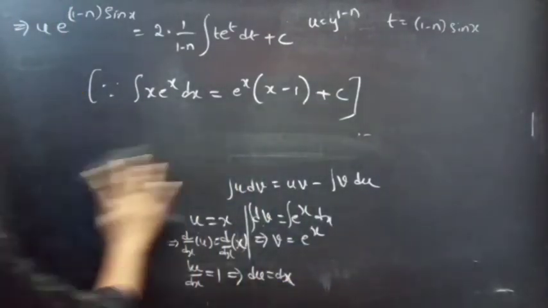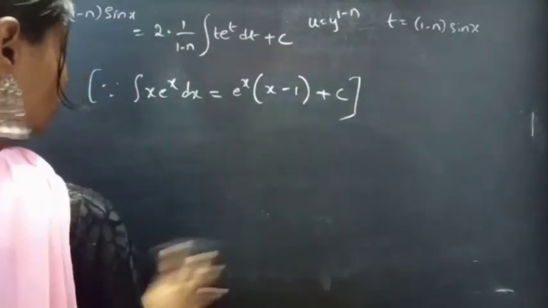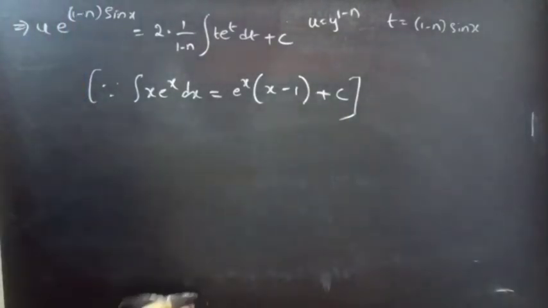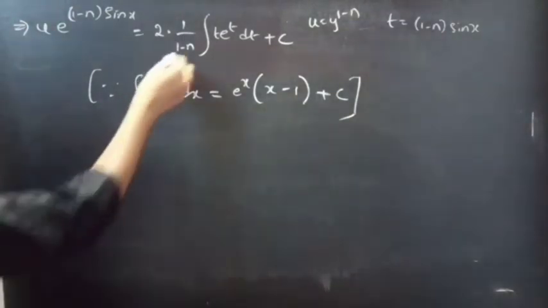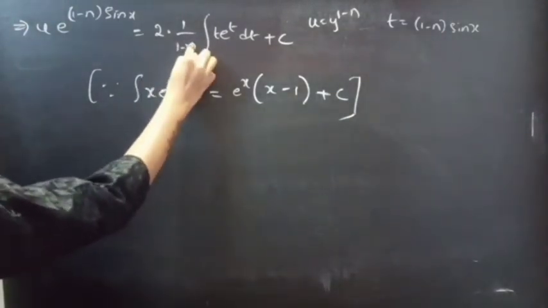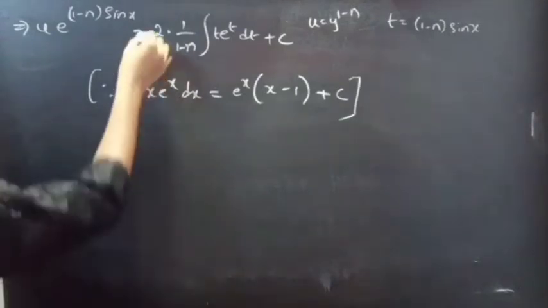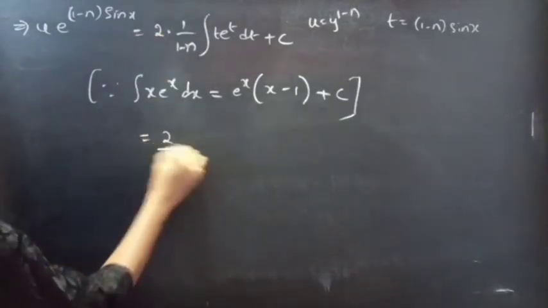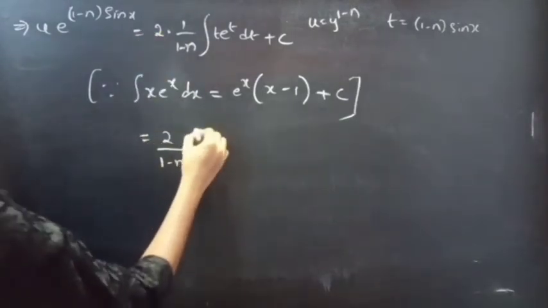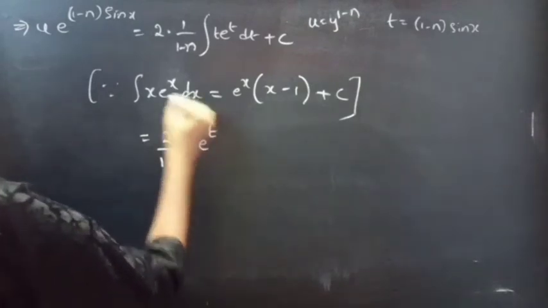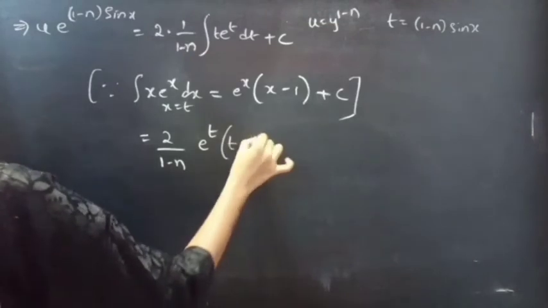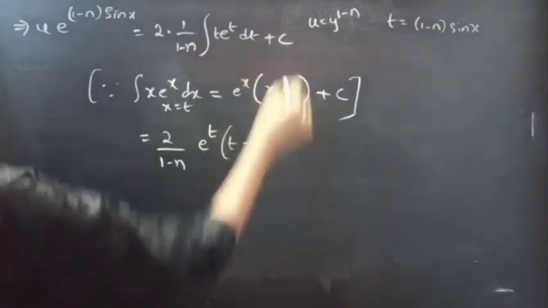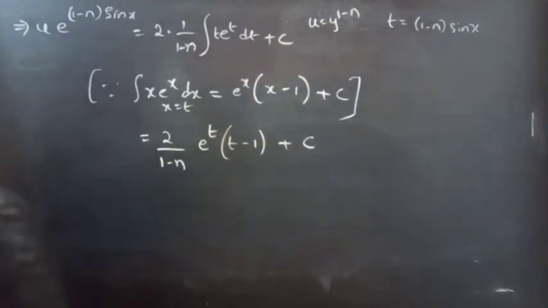Sometimes you may forget the formula. Then you can use this integration by parts to recall the formula. Okay. Now this becomes 2 by 1 minus n into e power t for x equals t, right? You'll get e power t times t minus 1 plus integral constant c.